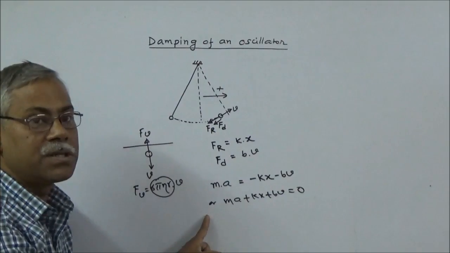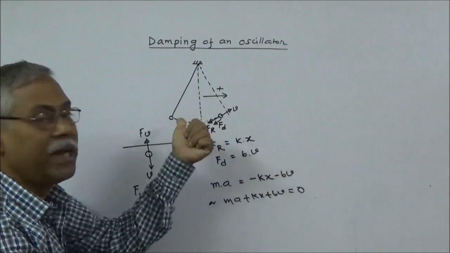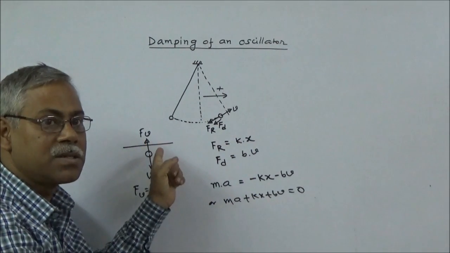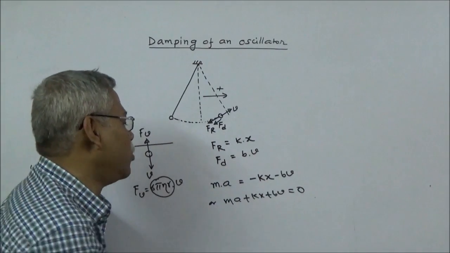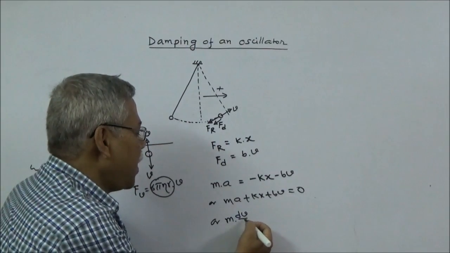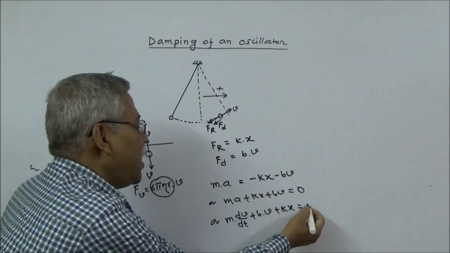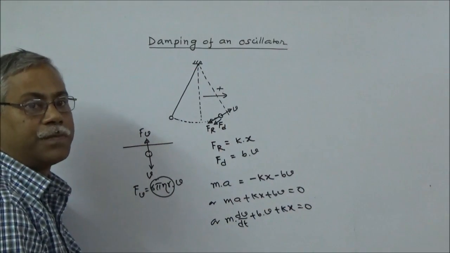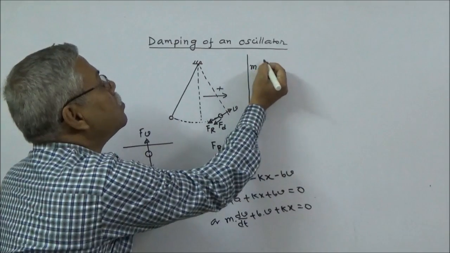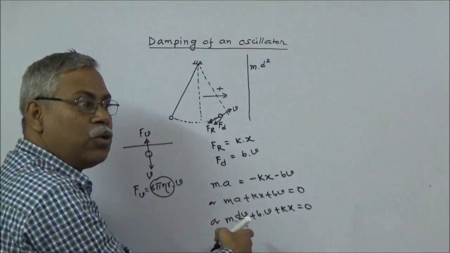Have we understood this? We are taking this direction as positive, Fr in the opposite direction is taken minus, Fd in the opposite direction is taken minus. So ma plus kx plus bv equals 0, or m times dv by dt plus b times v plus k times x equals 0. Or, since v equals dx by dt, dv by dt is d2x by dt square.